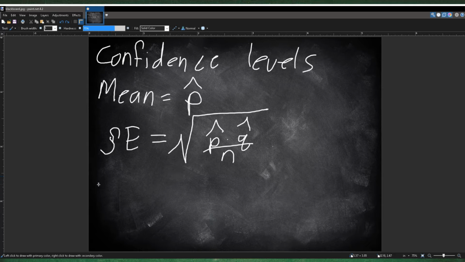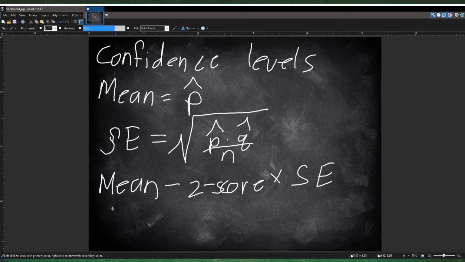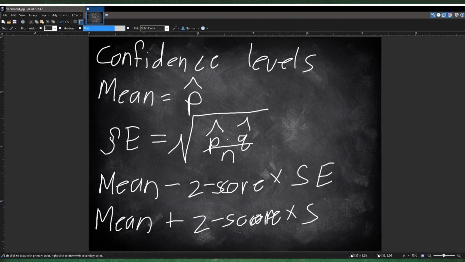The lower number is the mean minus the z-score, which you calculate from your mechanics, times your standard error. And then the upper limit is the mean plus the z-score times your standard error.